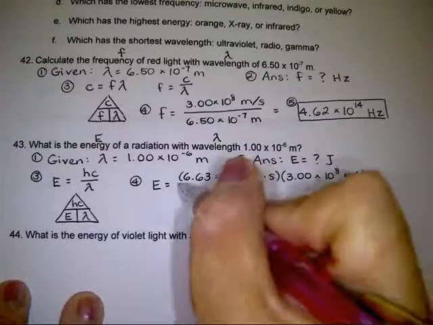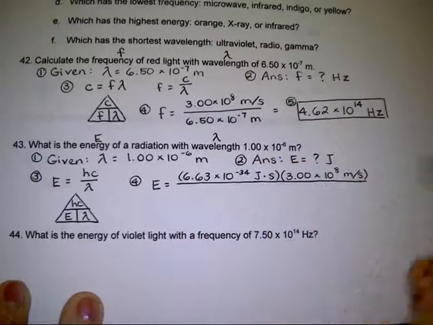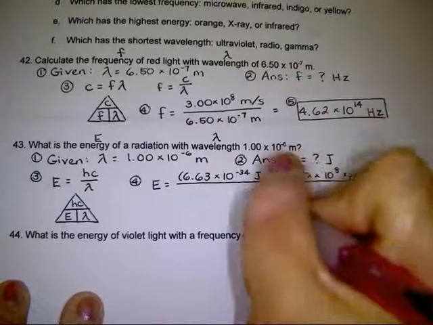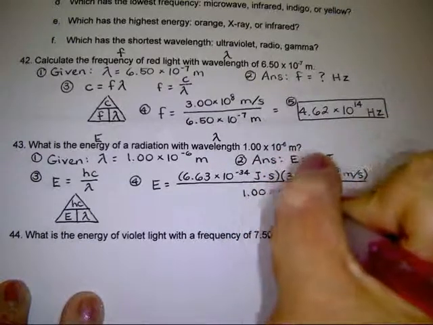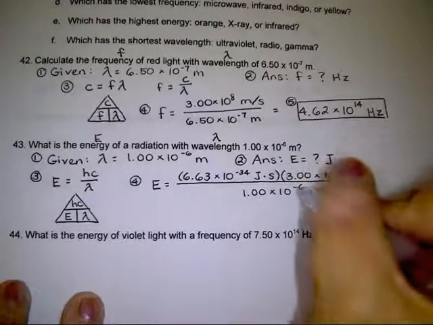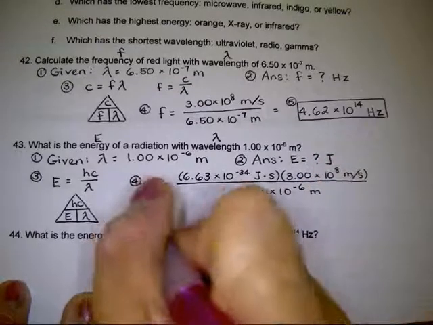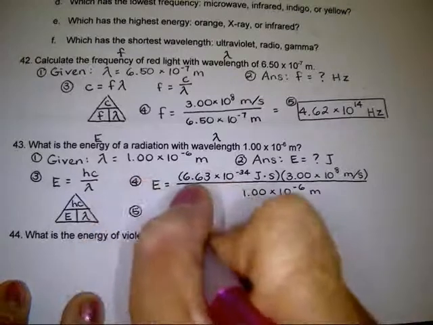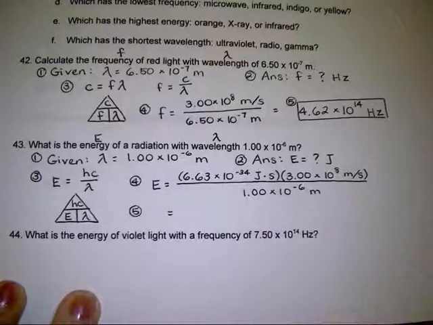And we're going to divide this whole thing by the lambda, 1.00 times 10 to the negative 6 meters. This was just our given. Okay? Alright, and now all I have to do is punch this into my calculator.